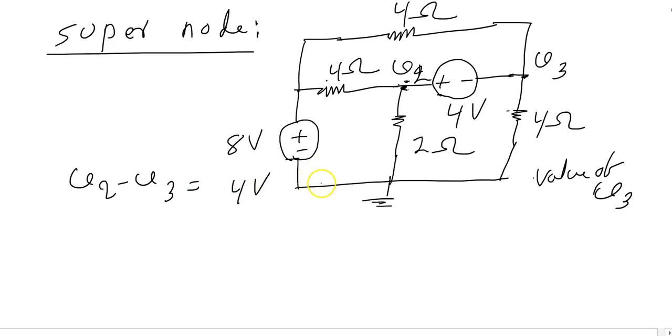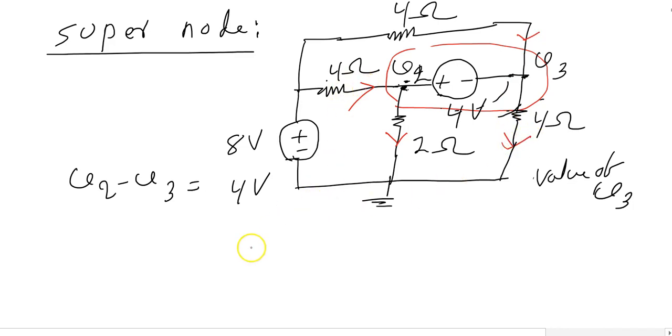Then write KCL for this super node. So this is a super node. So this current comes, this current goes, this current comes, and this goes.